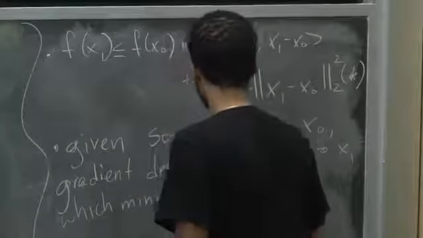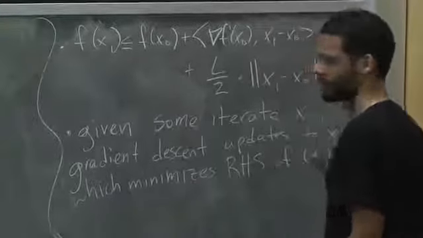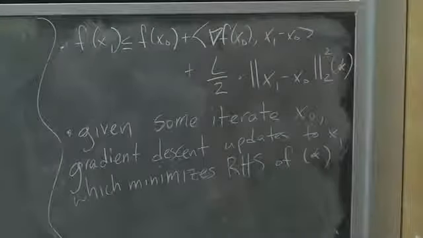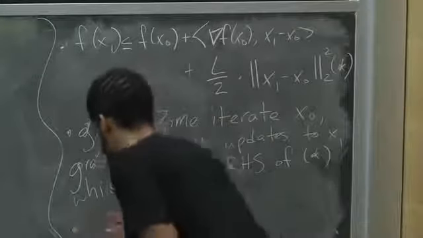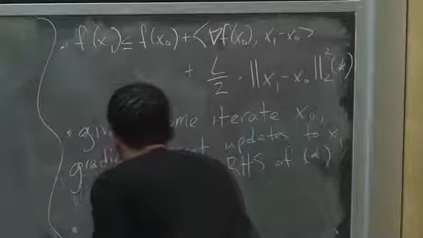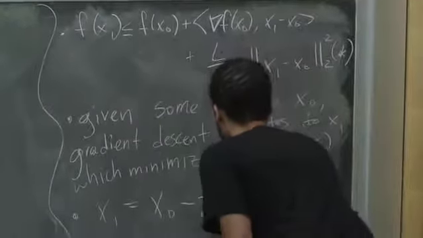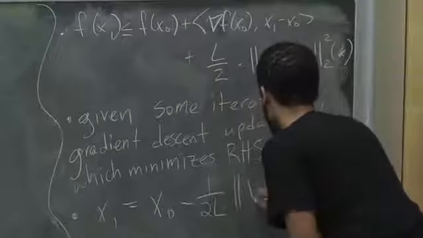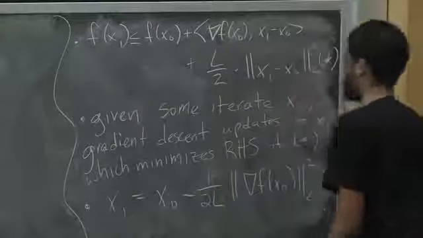It minimizes the right-hand side of the star. Okay, and you can show just using calculus that this minimizer x1 is equal to x0 minus 1 over 2L times the gradient of f of x0, L2 norm squared.